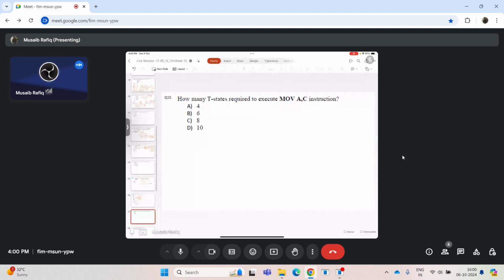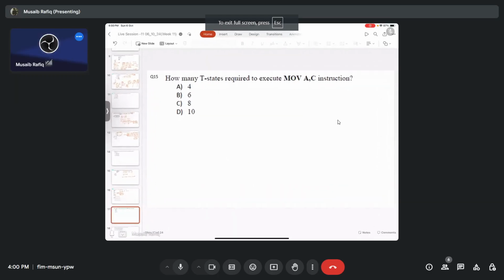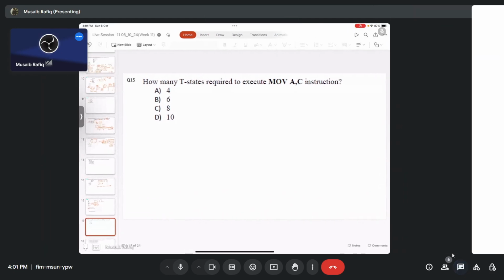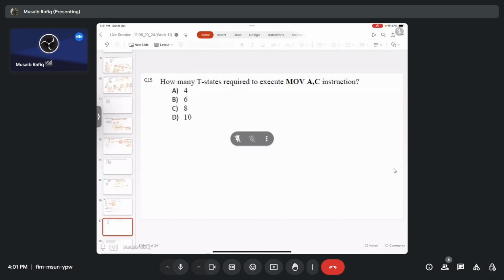So the number of T states required for this instruction is option A, 4.